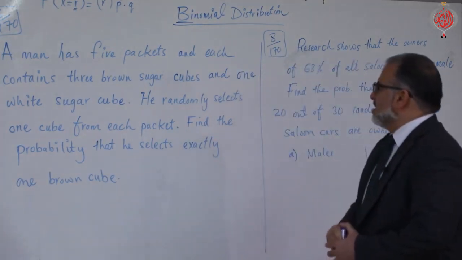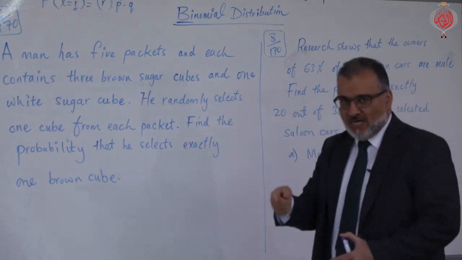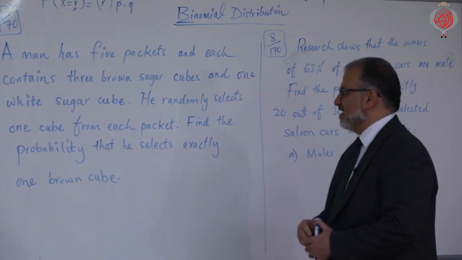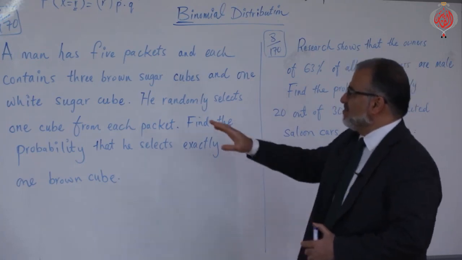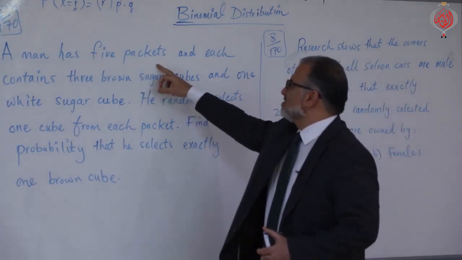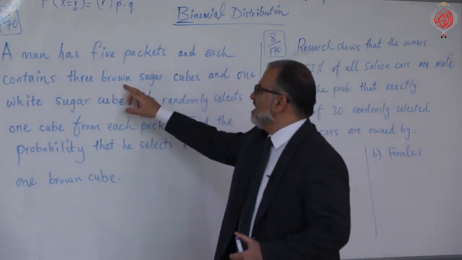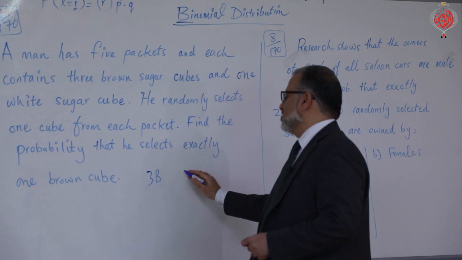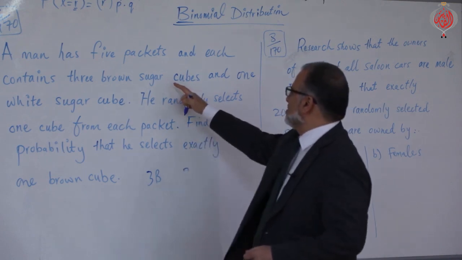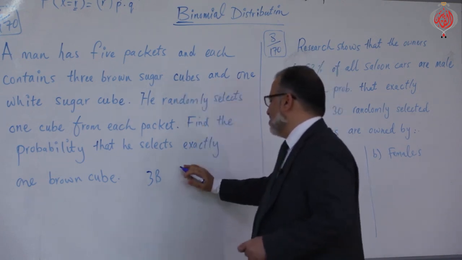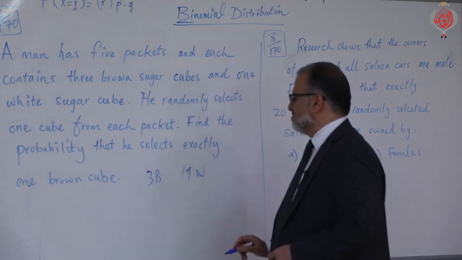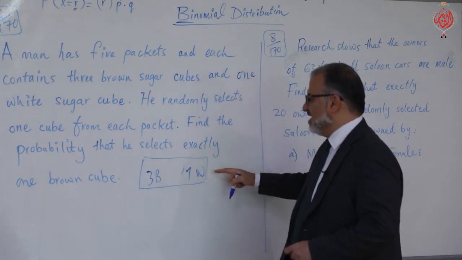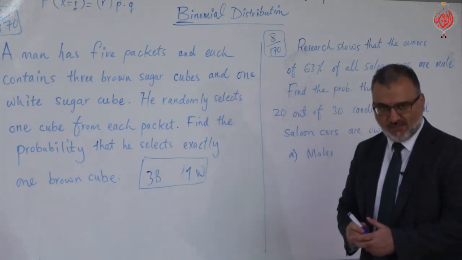We are dealing especially with the number of these cubes. So, a discrete random variable. In the question, a man has 5 packets, and each contains 3 brown. You have 3 brown, and how many white? 1 white sugar cube. This is in 1 packet, and here we have 5 packets.